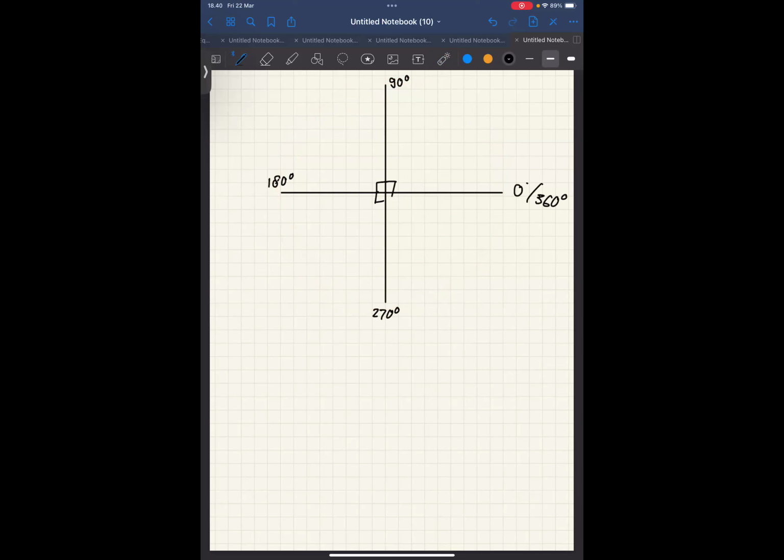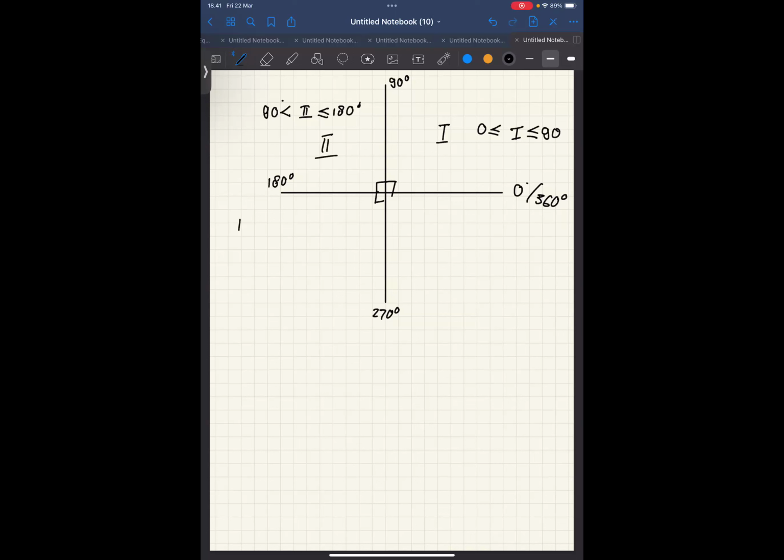So what we're going to learn here, we'll explain this first. This is the first quadrant, from 0 to 90 degrees. Over 90 degrees to 180 degrees, this is the second quadrant.